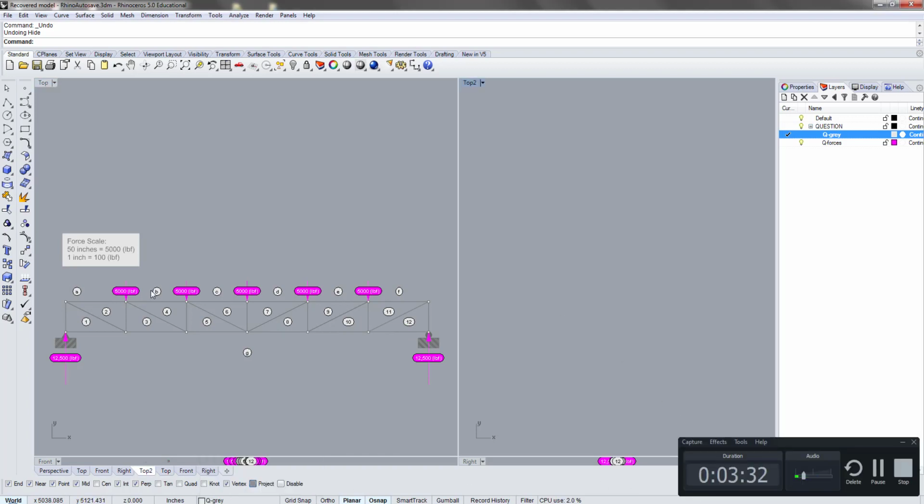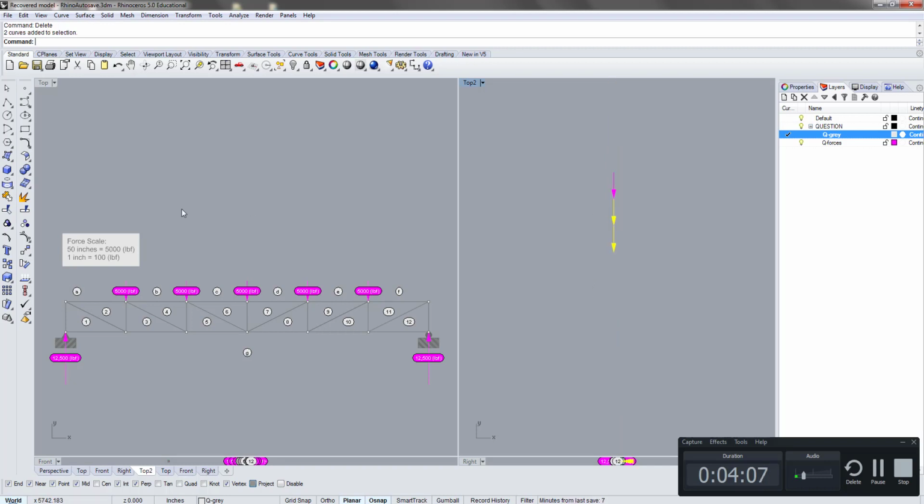So good. Next step is to complete the force diagram. We want to map all of the vertical forces. So we have 1, which is, again, 50 inches in length, 5,000 pounds force. That's AB. We have 1, 2, 3, 4, 5 of those. So it's going to go from AB, BC, CD, DE to EF, right?